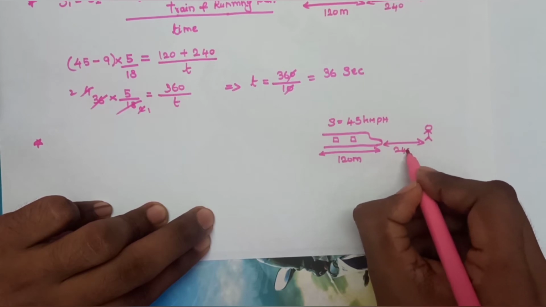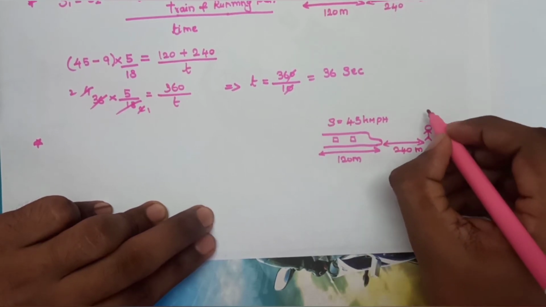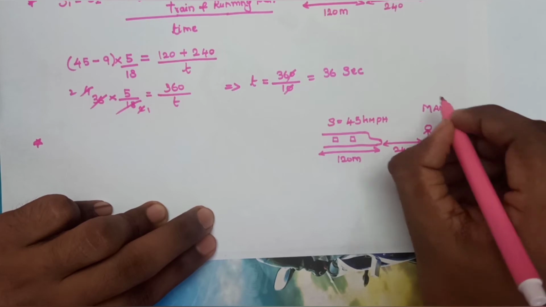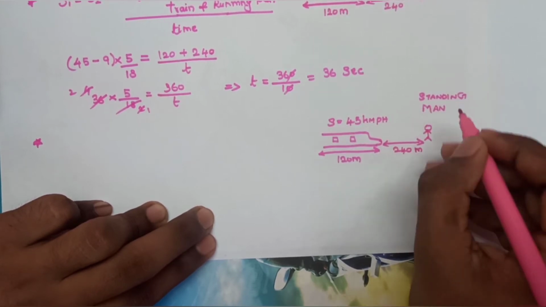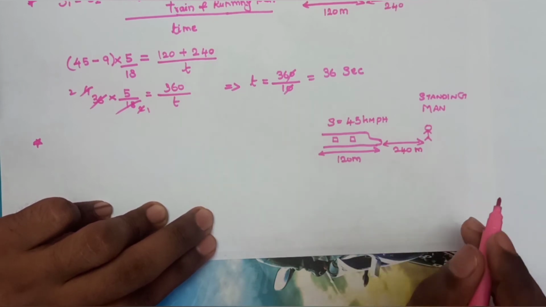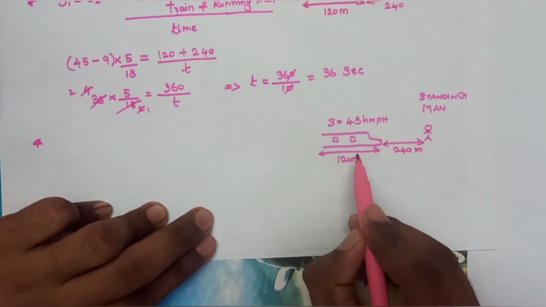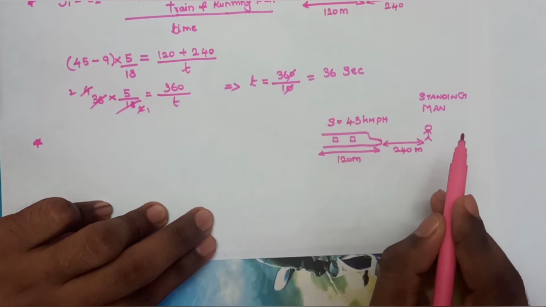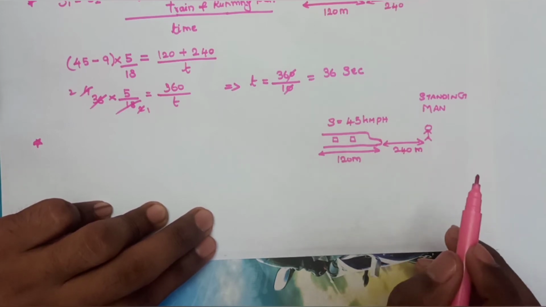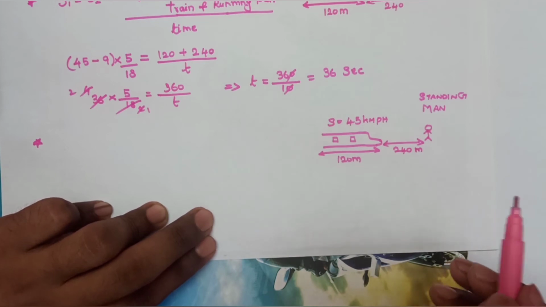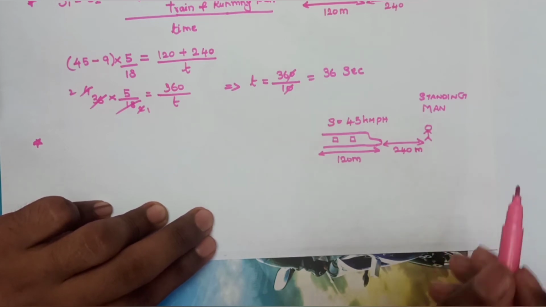What is the distance? 240 meter. Here the man is a standing man, not a running man or a jogger, right? So here one object is moving, another one is the idle one. Then obviously it comes under the train and object, right? So in train and object, is it a point or line method?